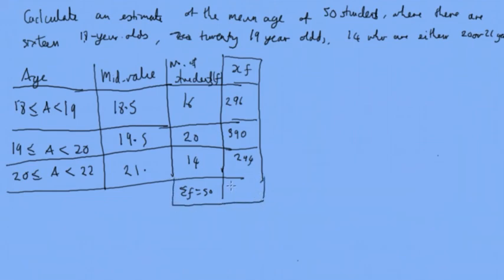And now we need to find the sum of our mid value times frequency, which equals 980.